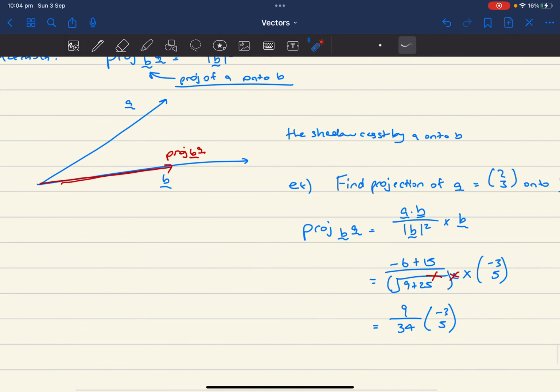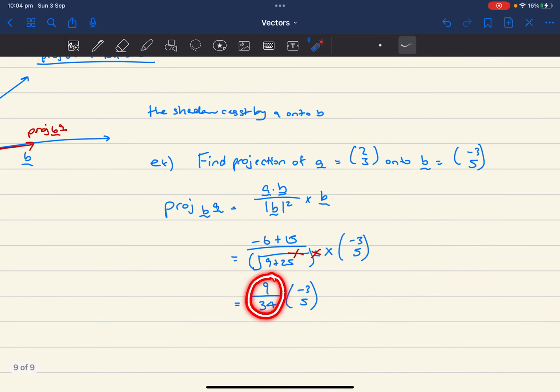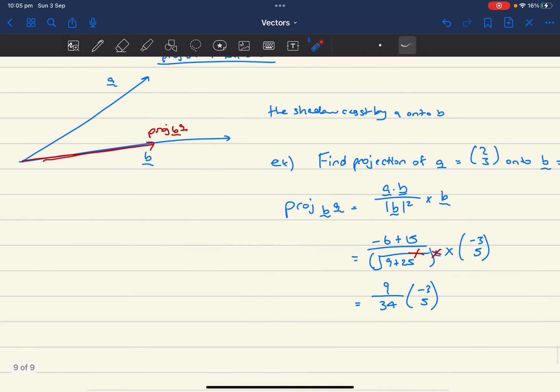So you can see the projection is just going to be a scalar multiple of the actual vector, right? So it shows that it's 9 over 34 times the vector B. So it's parallel to it, right?